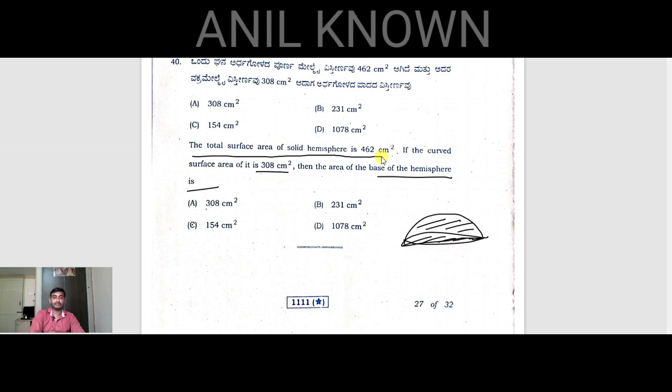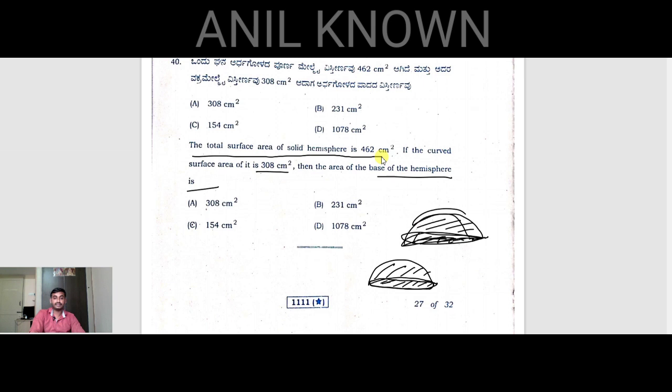So, we have to find all the areas, and the curved surface area means we have to remove this, right, only this area. That means if you have a hemisphere like this, this area is the curved surface area, and if we add this area also, this will become the total surface area. Then the area of the base of the hemisphere, we have to find this area.